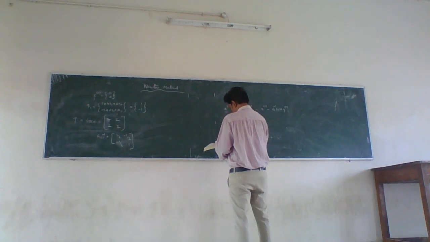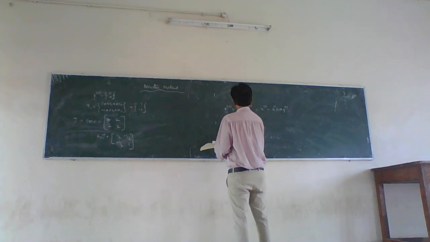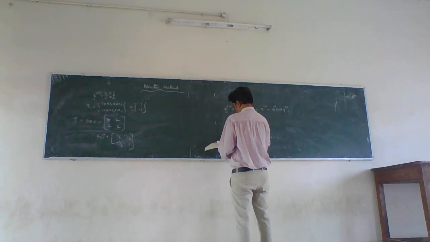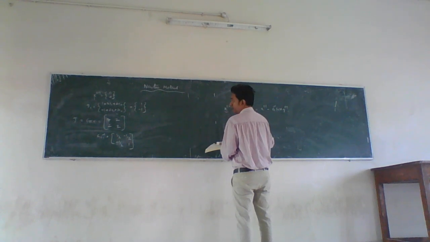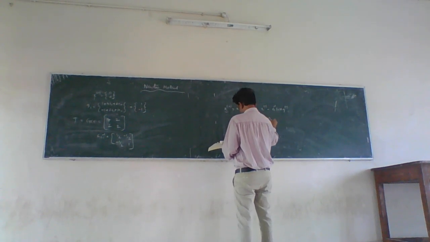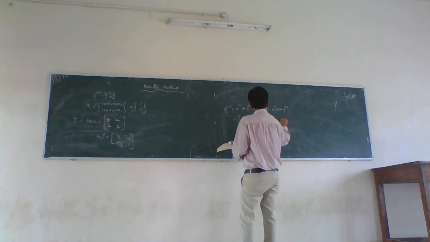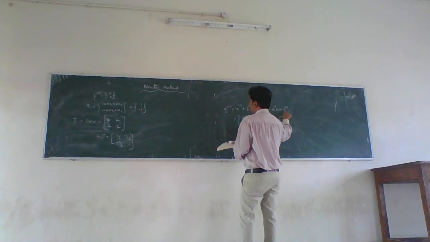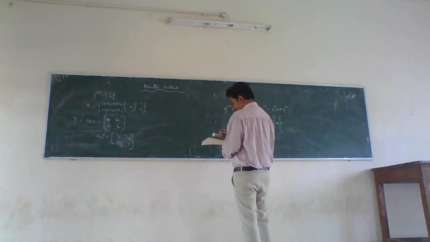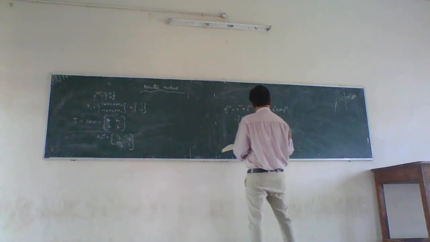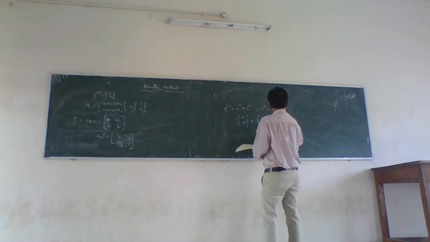So now what is x2? x2 is equal to x1, which is 0, 0, plus G inverse, 1 by 2, minus 1 by 2, minus 1 by 2, 1, into small g. Small g is minus of 1 minus 1, so you will get minus 1, plus 1.